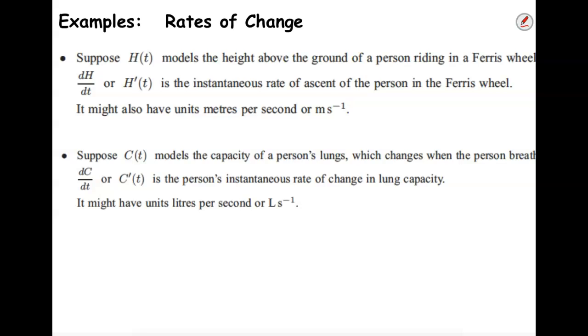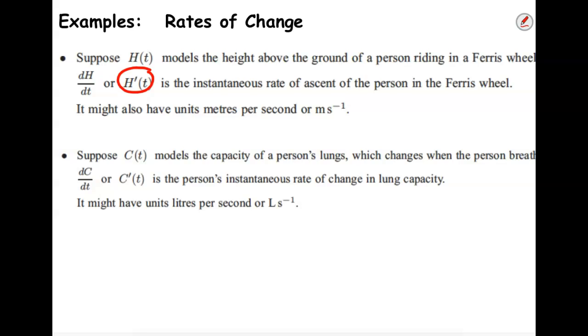All right, here are some more examples of rates of change. H(t) models the height above ground of a person riding on a Ferris wheel. Then the derivative function is the instantaneous rate of ascent of the person on the Ferris wheel. You might say that the units are meters per second.